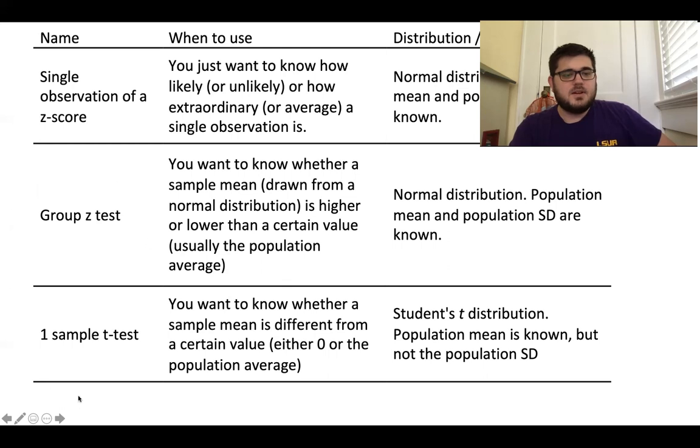To calculate the probability associated with any given difference, we have to choose the right distribution. Group z-test, you use a normal distribution. One sample t-test, you use a t distribution. But it's the same logic. Basically, you're assessing whether the observed difference between the sample and the population mean is big enough to reject the null hypothesis.